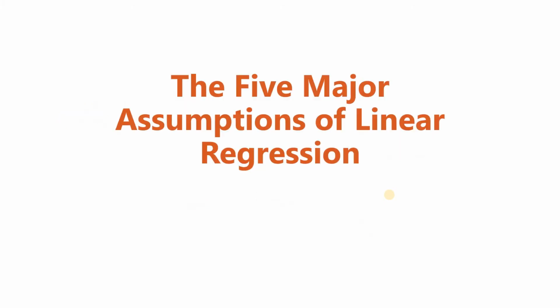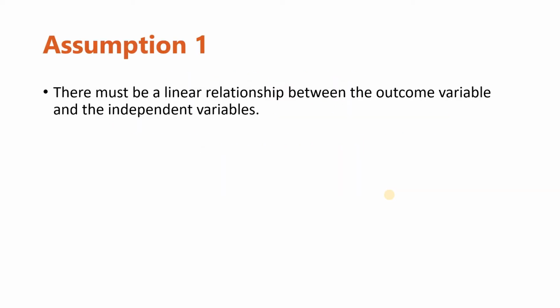So the first very important assumption, among 5 major assumptions of linear regression, is that there must be a linear relationship between the outcome variable and the independent variables. This is obvious.